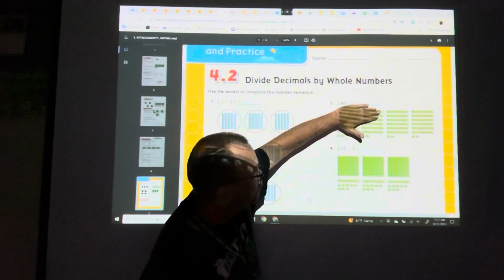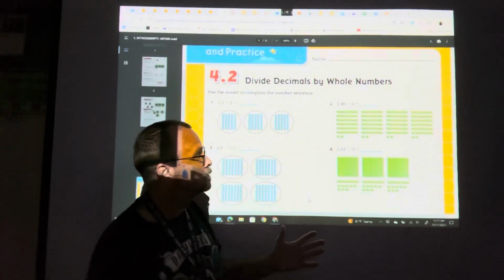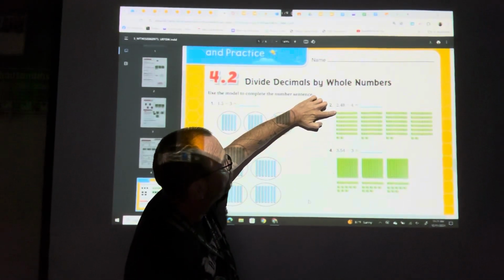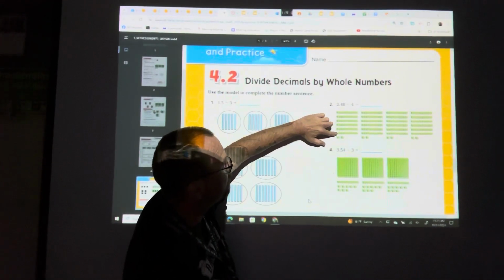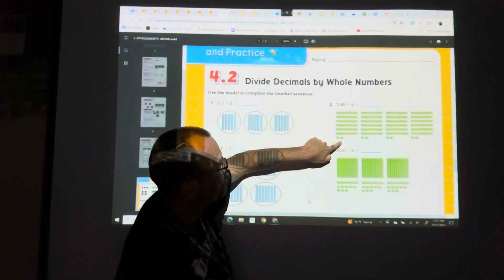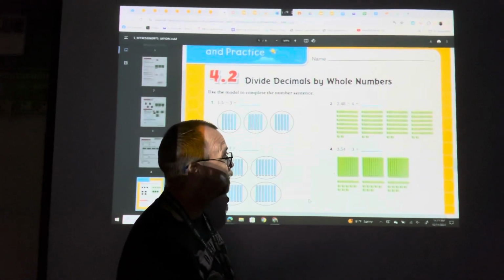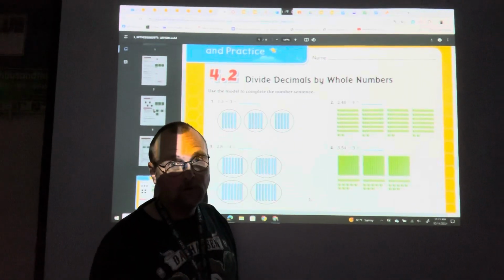If you see here, we've got our 4 groups. They're not circled, but they're divided up so you can see the groups. And each group has 1/10, 2/10, 3/10, 4/10, 5/10, 6/10, and 2/100. So my answer would be 0.62, 6/10 and 2/100.